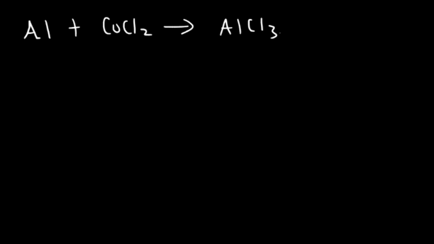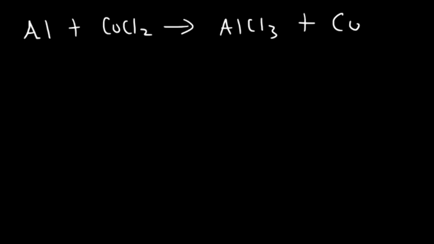Now the next thing that you need to be able to do is take a look at a reaction and tell if it's an oxidation reduction reaction. So consider this reaction. Aluminum metal reacts with copper chloride to produce aluminum chloride and copper metal. Is this reaction a redox reaction?